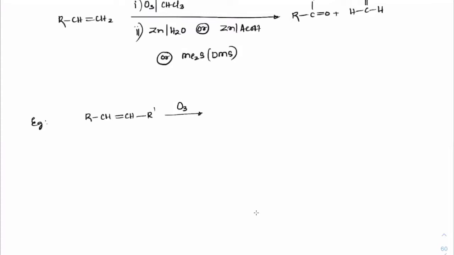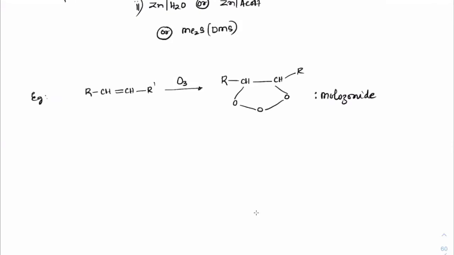Typically, the first step of the ozonolysis is to form an intermediate like this, which is RCH, CH R dash, with O, O, O, this way. Sorry, one oxygen I forgot. This form is called molozonide.